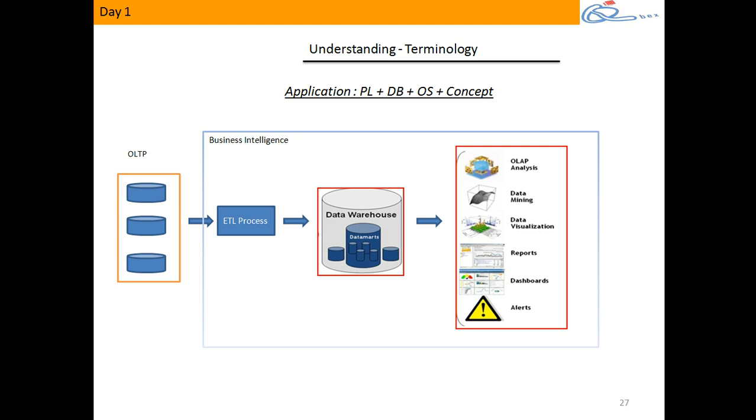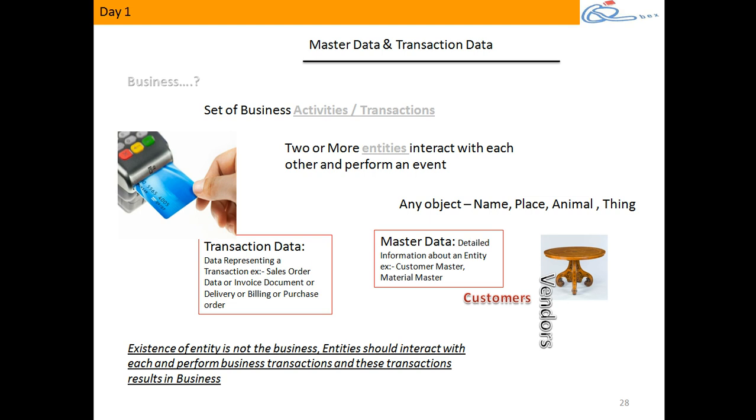Since it is a product designed by SAP, it has very good, tight integration with ECC, CRM, and all the other SAP products towards BW. That is the main advantage, and that is why many customers go towards BW.